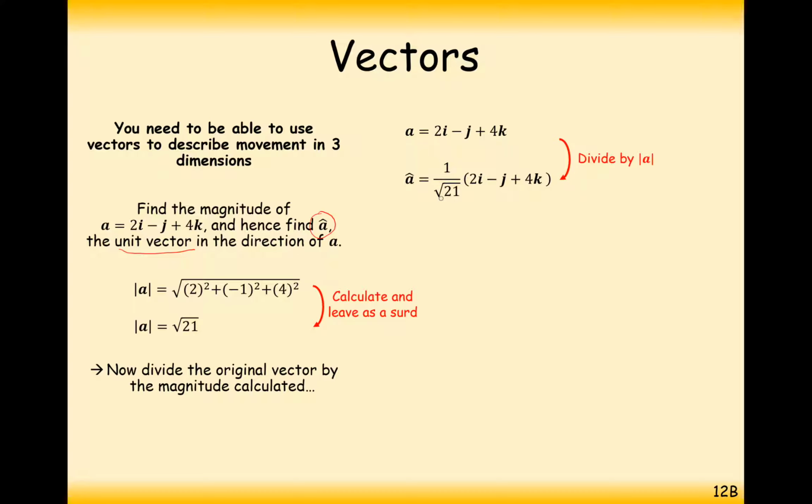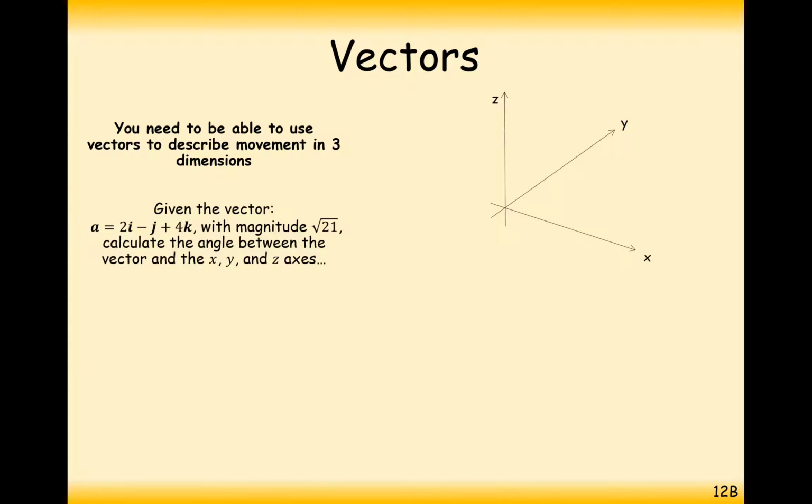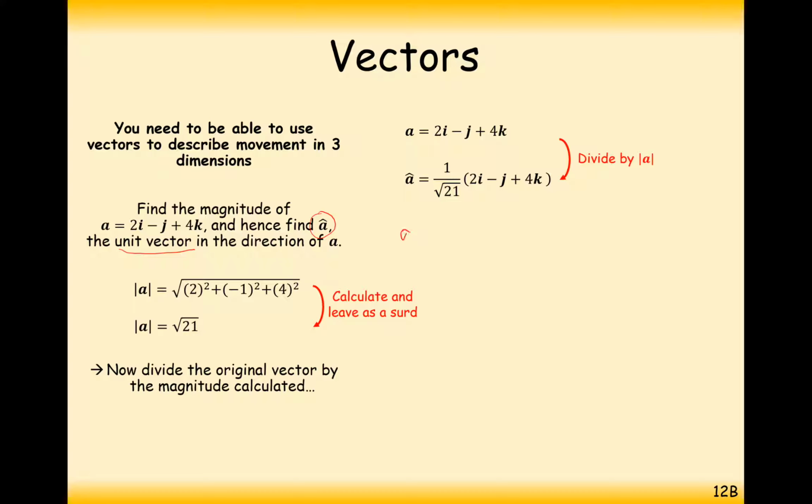So it's effectively 1 over root 21, times 2i minus j plus 4k. You could also write this as 2 over root 21 i minus 1 over root 21 j plus 4 over root 21 k.